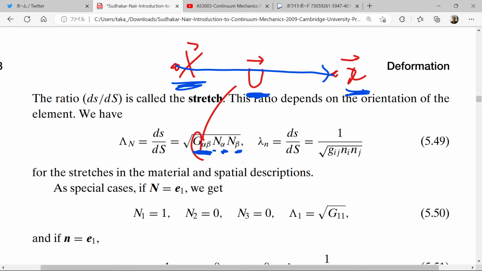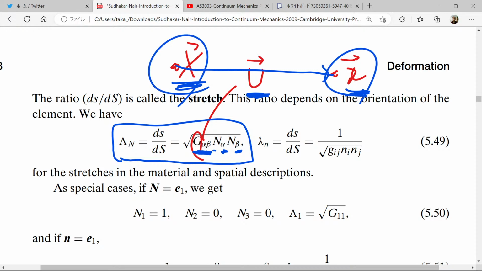So actually this stretch contains information of both material coordinate and spatial coordinate. Yeah, so it should be okay.